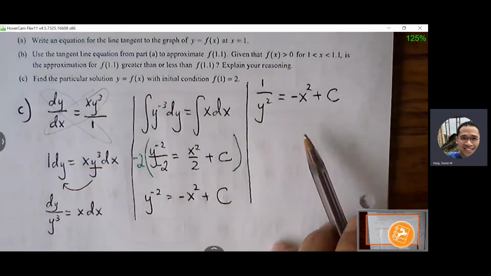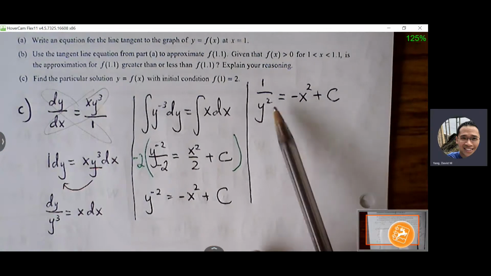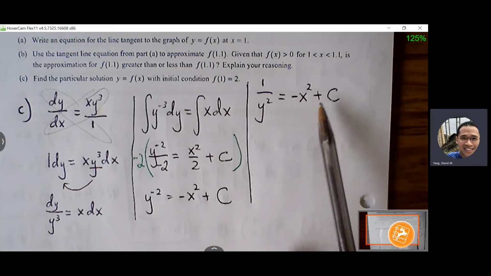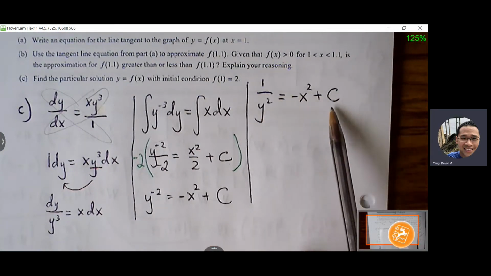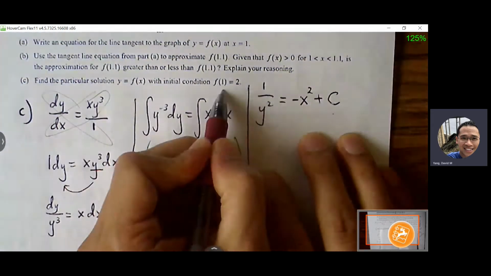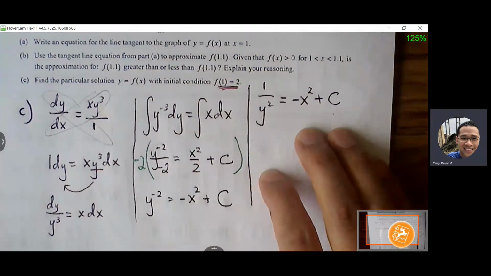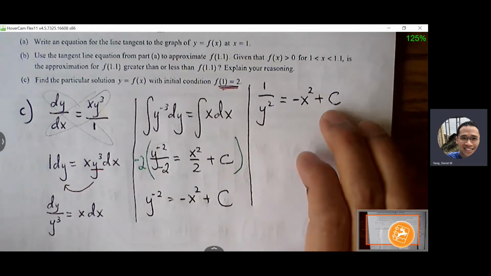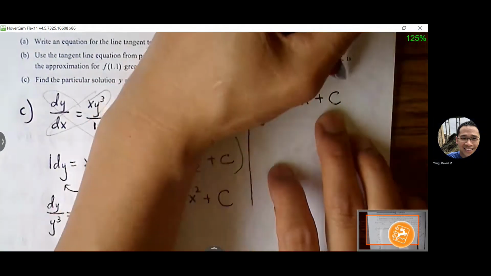Okay, so I think at this point, maybe it's easier to solve for c because eventually the square root is going to show up and it just feels a little bit uglier to have to solve for c when it's under that square root. So I'm going to solve for c now. So I have my ordered pair, 1, 2. I'll insert 1 in for x, 2 in for y, and see if I can solve for c at this point.